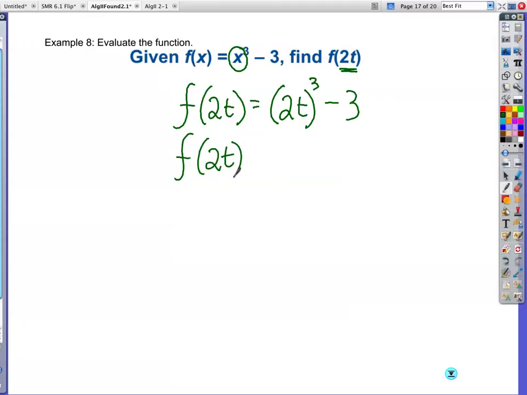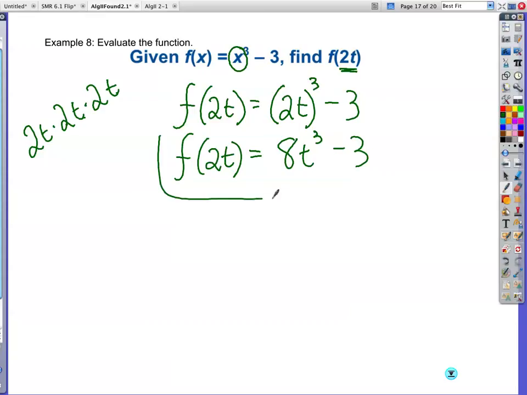F of 2t, like I'm going to have you do on your homework, 2t cubed is actually 2t times 2t times 2t. 2 times 2 times 2 is 8. T times t times t is t cubed. And then minus 3. If I could simplify further, I would, but there is no other math I can do with this. I'm done. This is my answer.